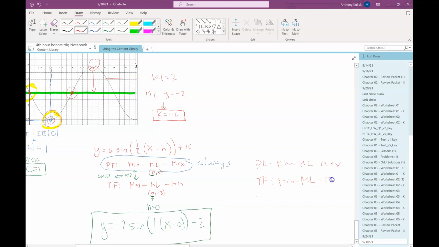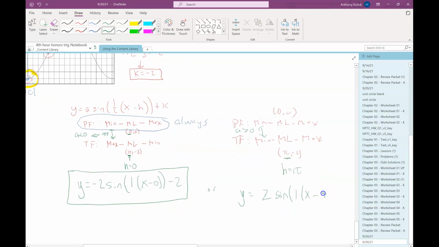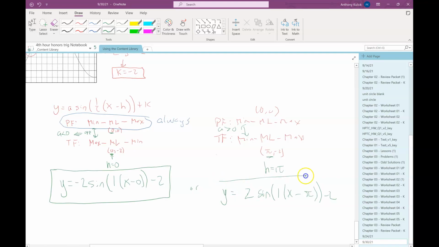So here, they're matching, right? So this would tell me h is pi, and this would tell me that a is positive. So I could have also written this as +2 sine of 1 times x minus pi, minus 2. So that would also be a correct answer. Sergio? Okay with that. Sure.